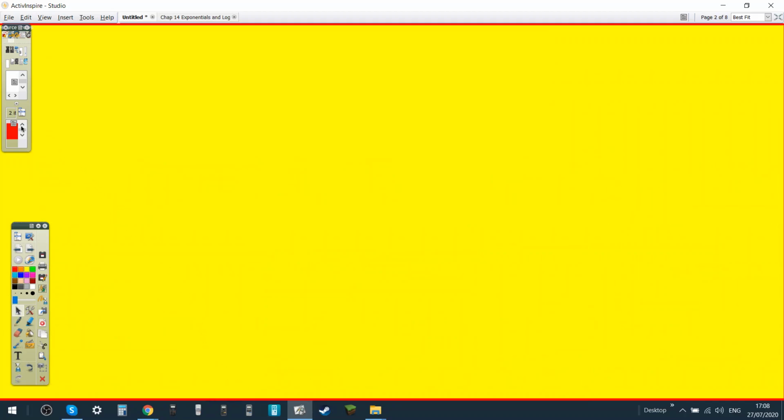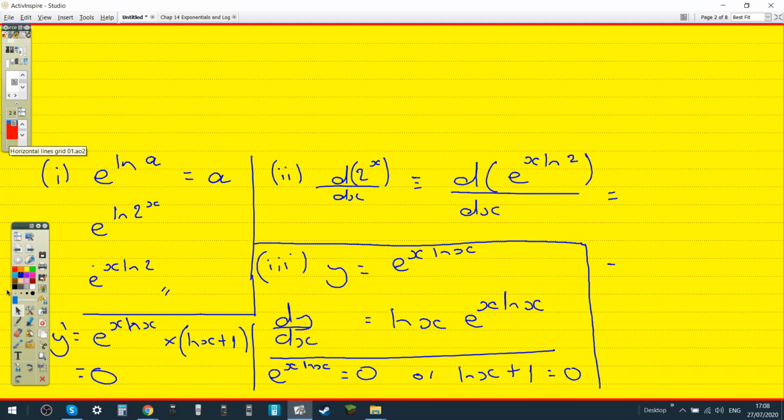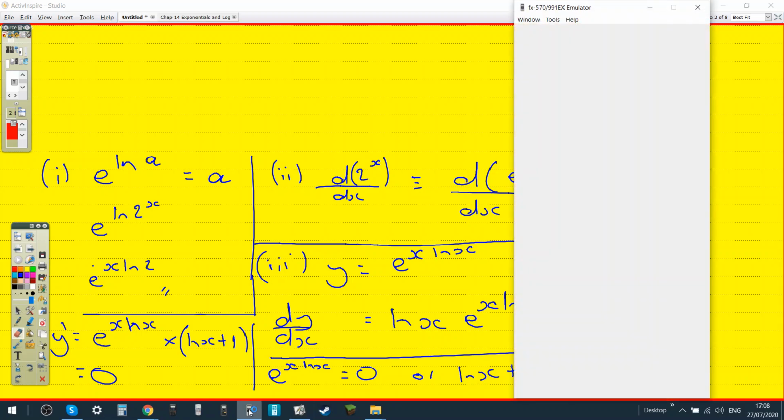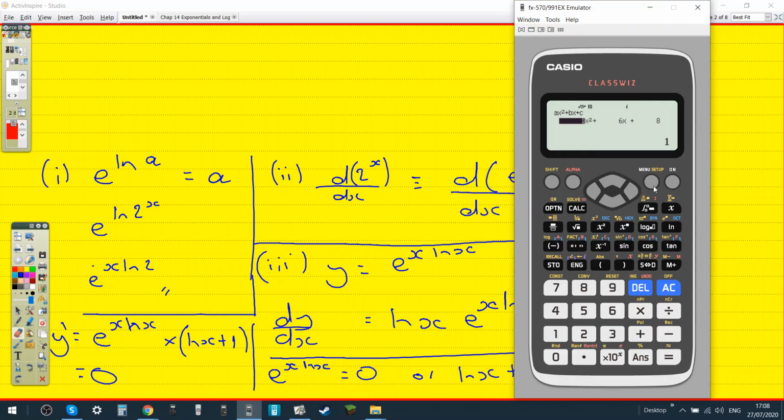How about the other one? Ln 0 is 0, right? I don't think there is an answer, is there? No, because e to the x ln x, you can't solve that either. So ln 0, yeah.